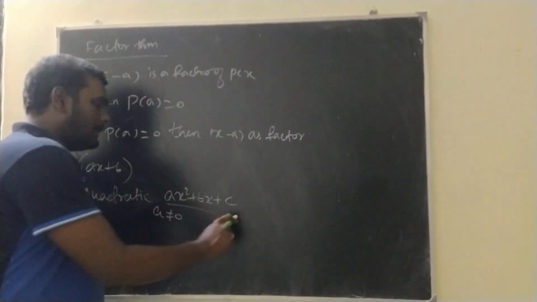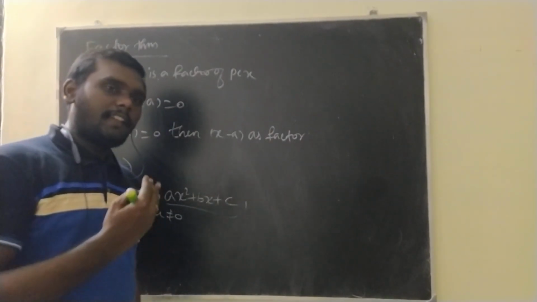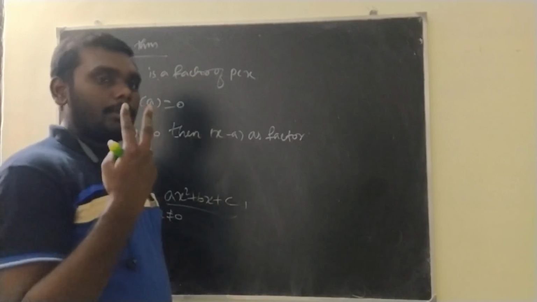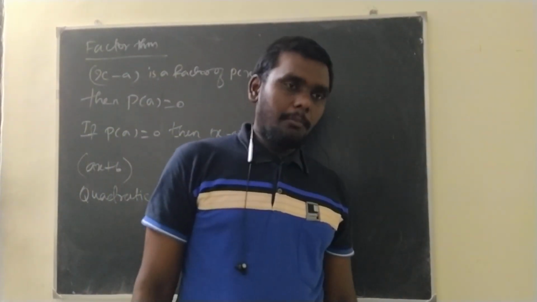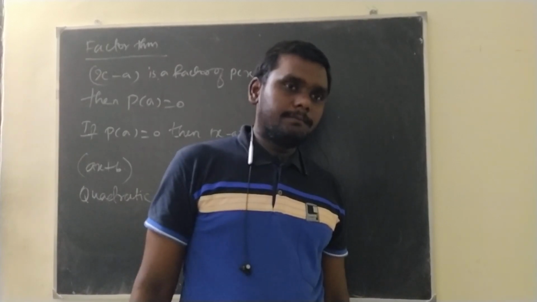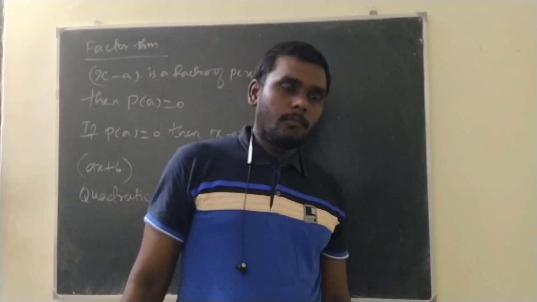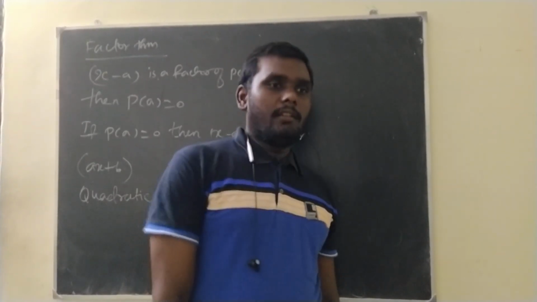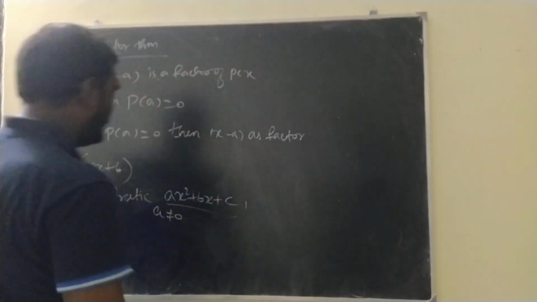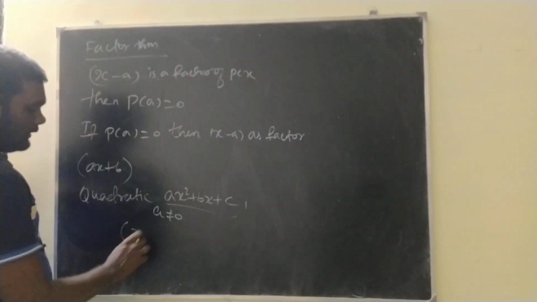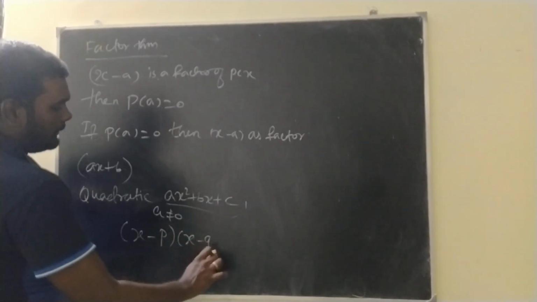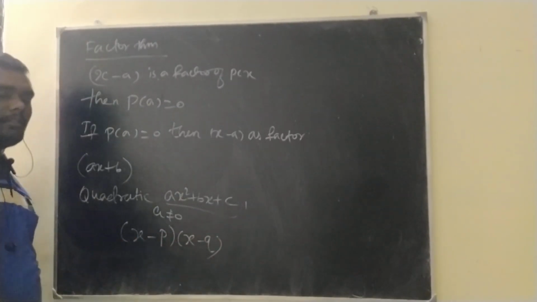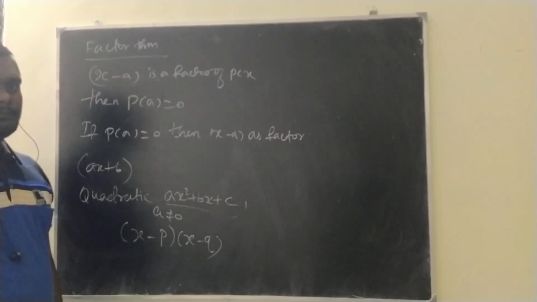As this is quadratic polynomial, this can be factored as product of 2 linear factors. Let us say this is x minus p and x minus q. Likewise, you can try to represent 2 linear factors.